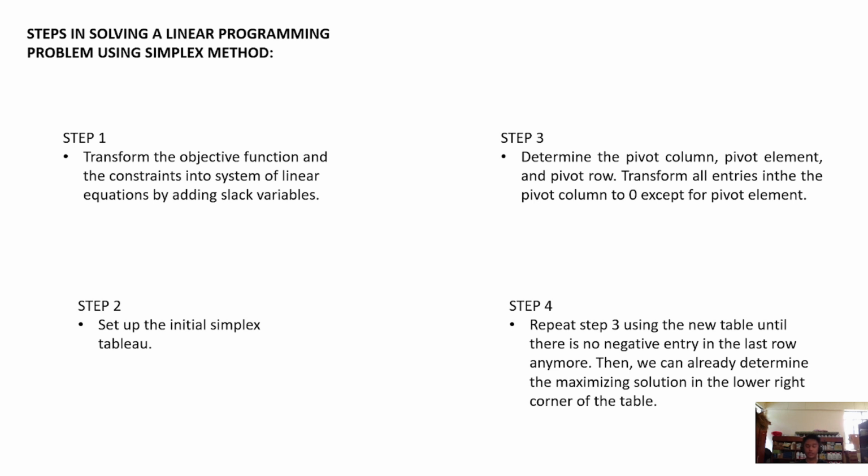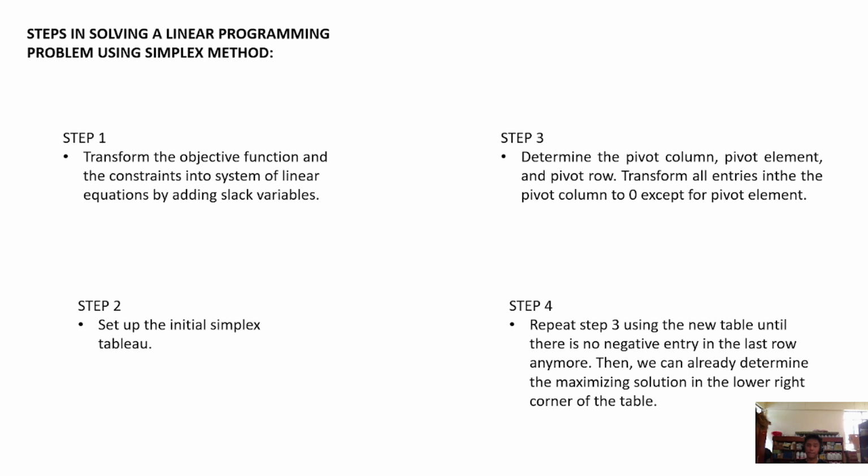These are the steps for solving a linear programming problem using the simplex method. Step one, transform the objective function and the constraints into a system of linear equations by adding slack variables. Step two, set up the initial simplex tableau.